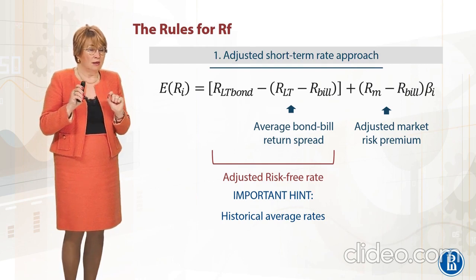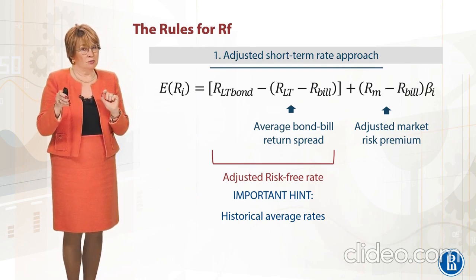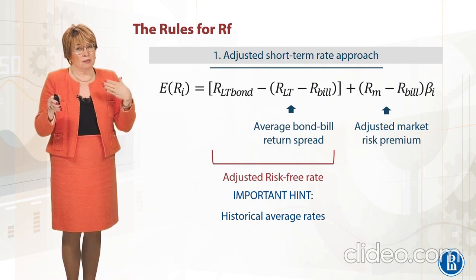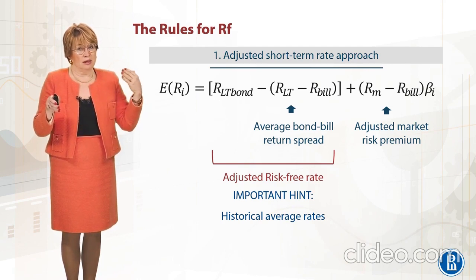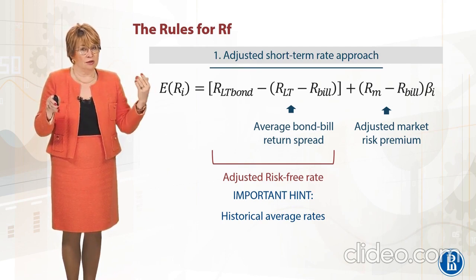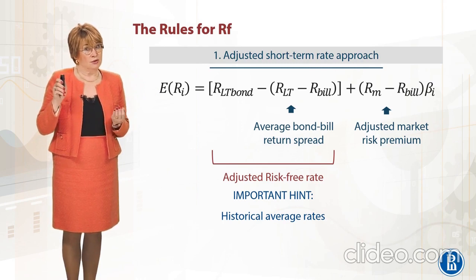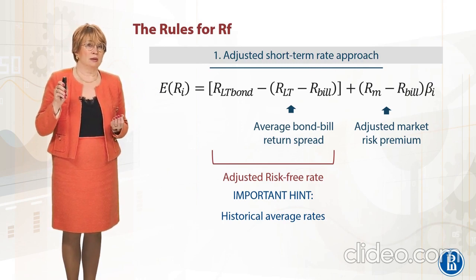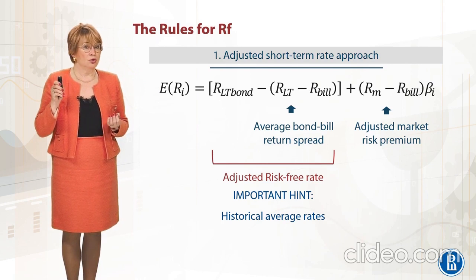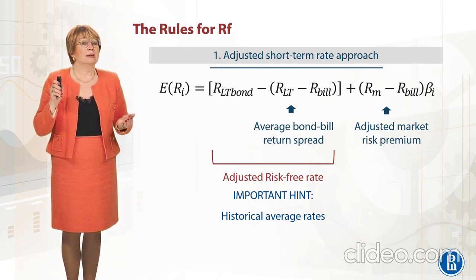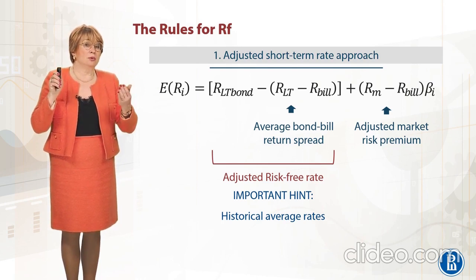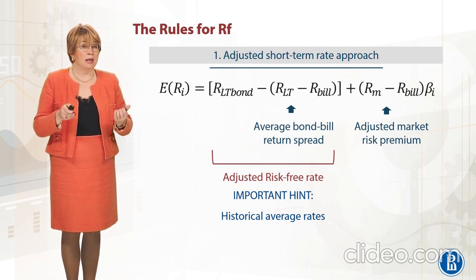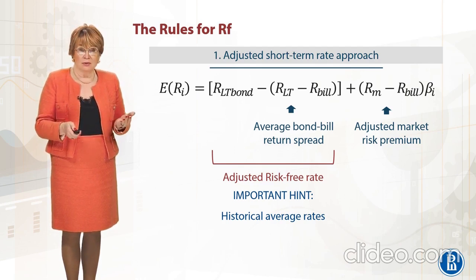I'm not sure that I can find the market risk premium estimated by some professional analytical agency, just compared to the treasury bills. And I'm not sure that I'm going to find the average bond-bill return spread. It's too complicated. It may happen this way.